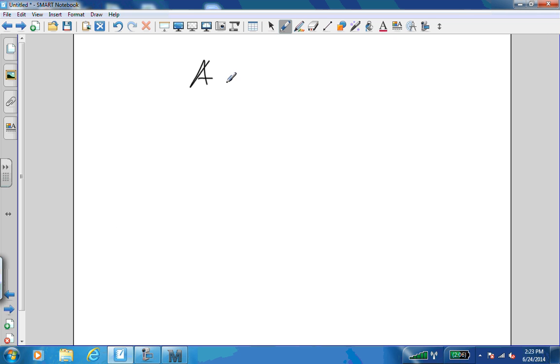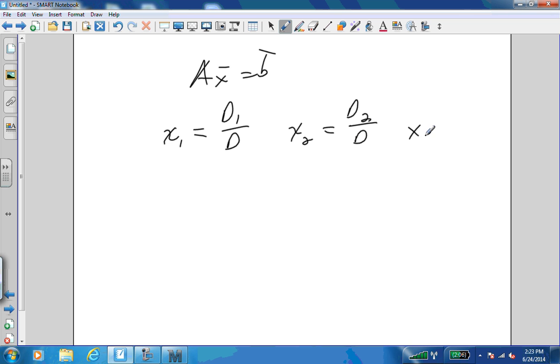Using those definitions, if we have this linear system of equations and we want the value of x sub 1, our first variable, we take D1 divided by D. So the determinant of A where the first column is replaced, divided by the determinant of A. X sub 2 is D2 over D. X sub 3, D3 over D, and as many variables as we have.